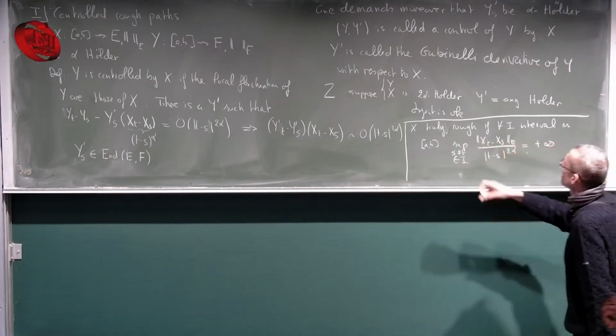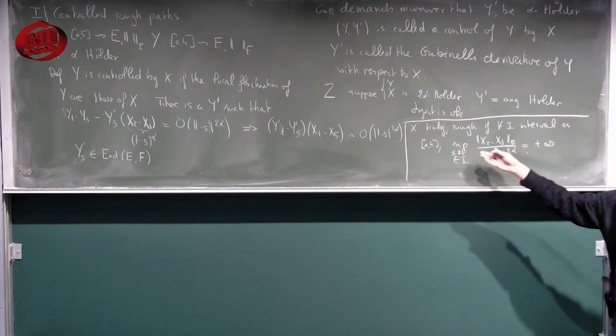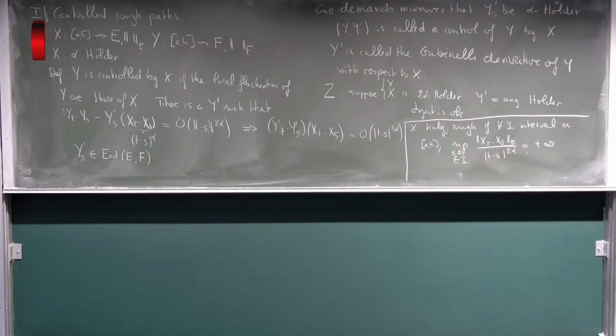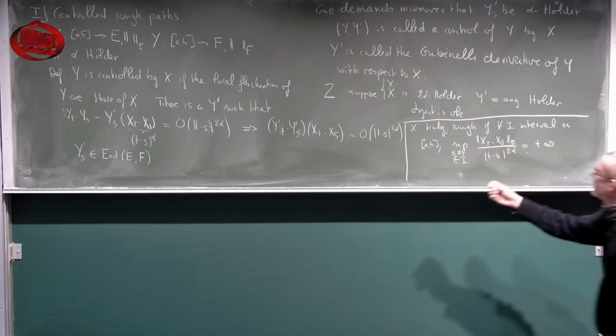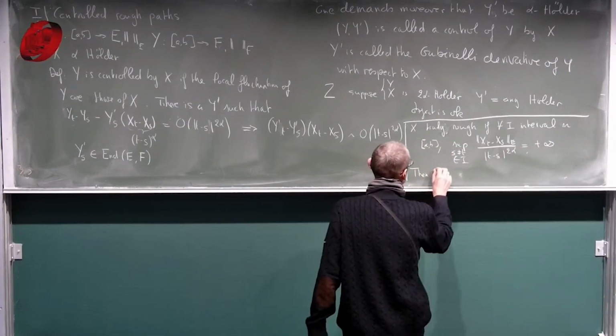So we demand that, taking an arbitrary interval, there is no interval on which x is 2 alpha Hölder, and then y prime, if it exists, is pretty obvious.